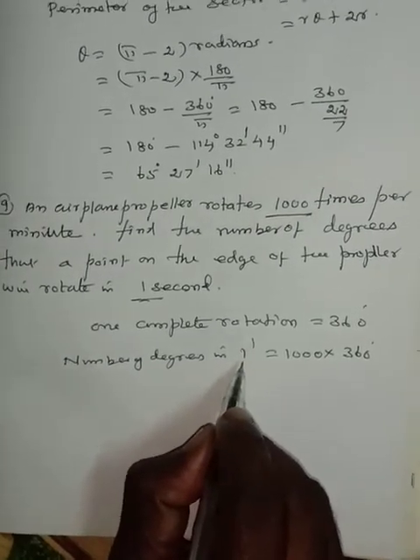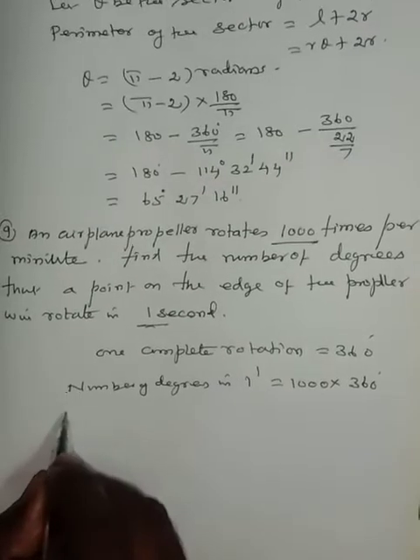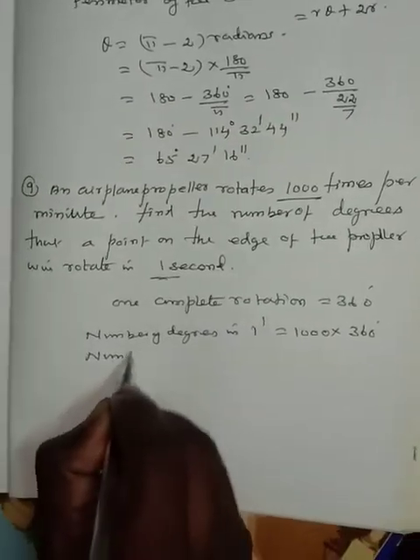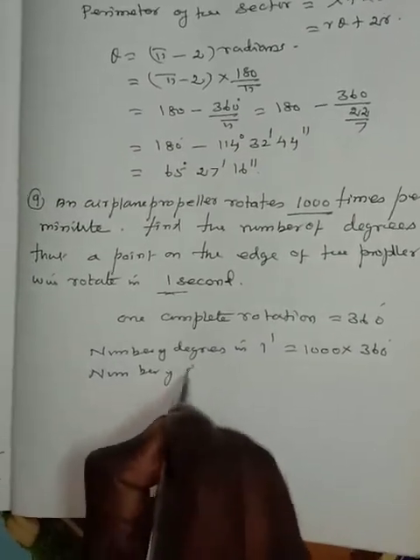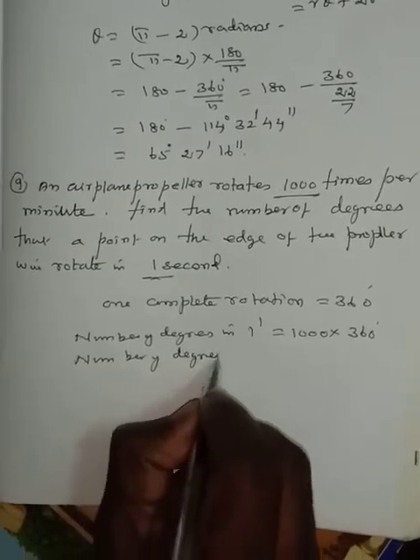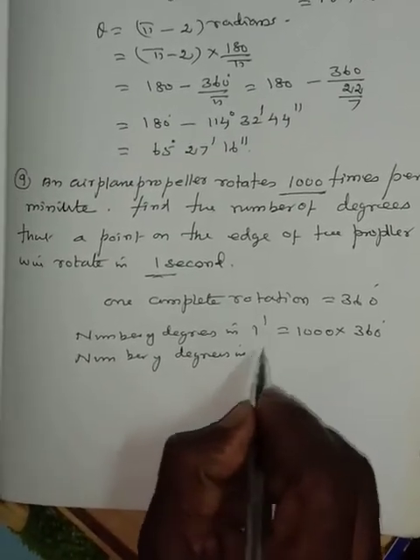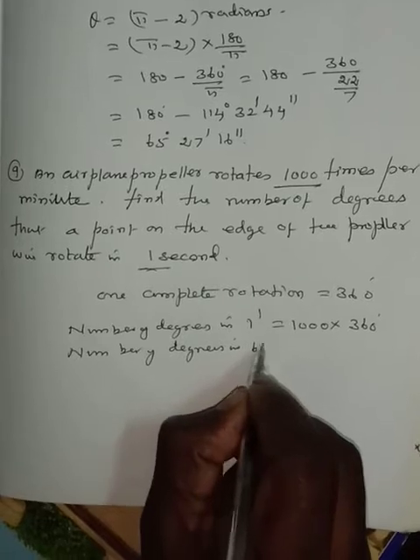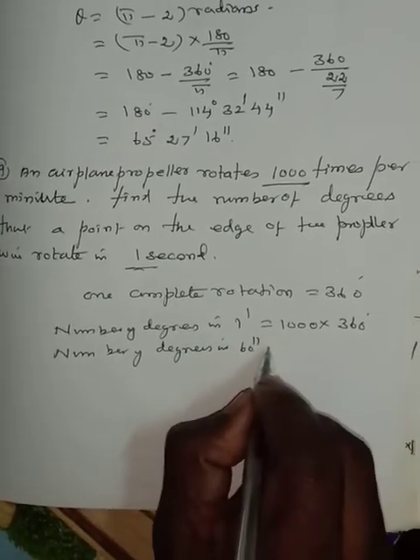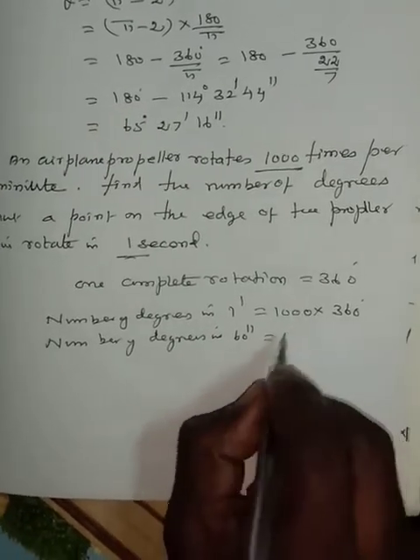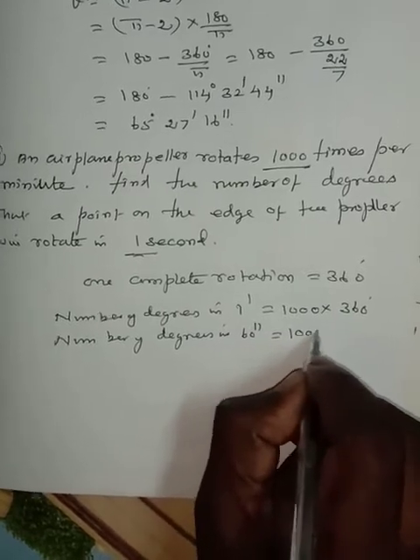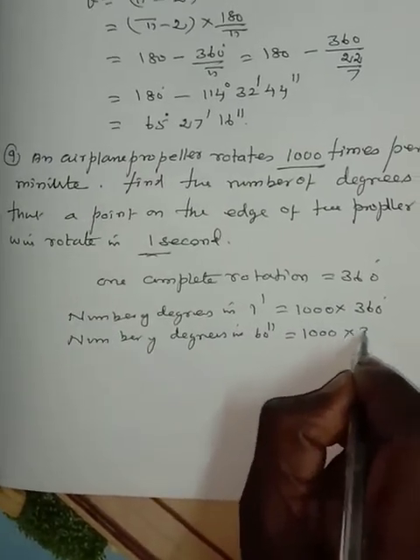1 minute means 60 seconds. So number of degrees in 60 seconds is equal to 1000 into 360 degree.